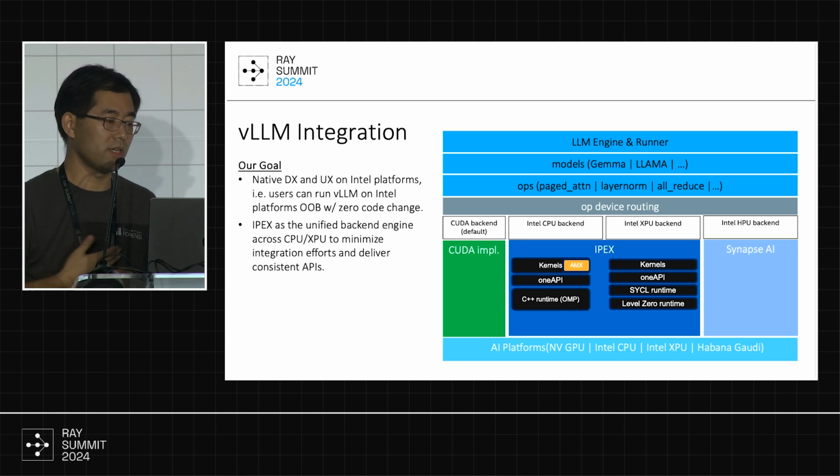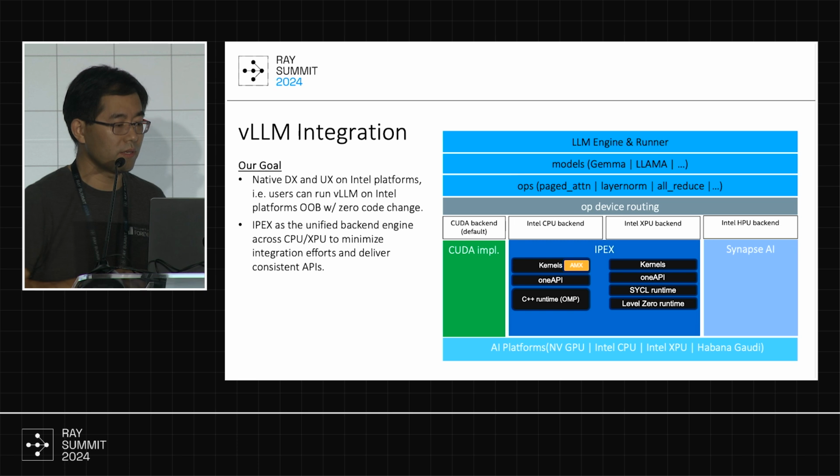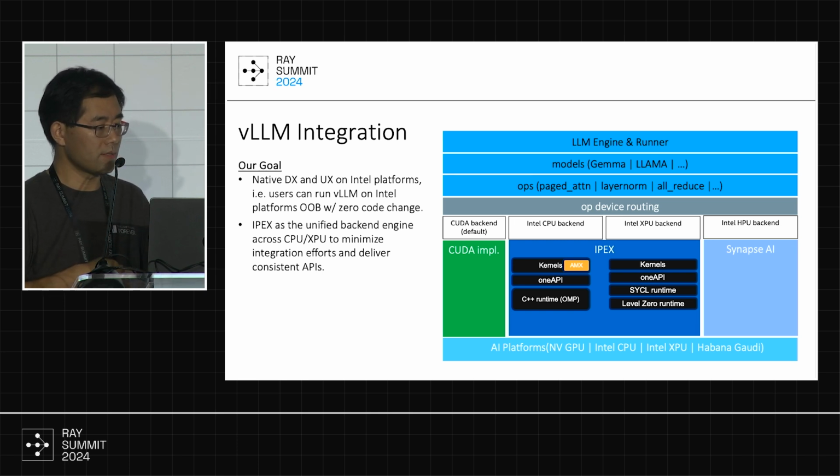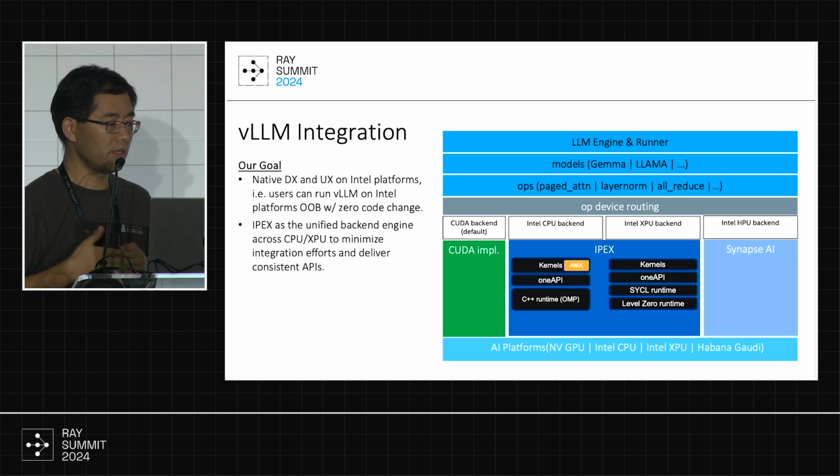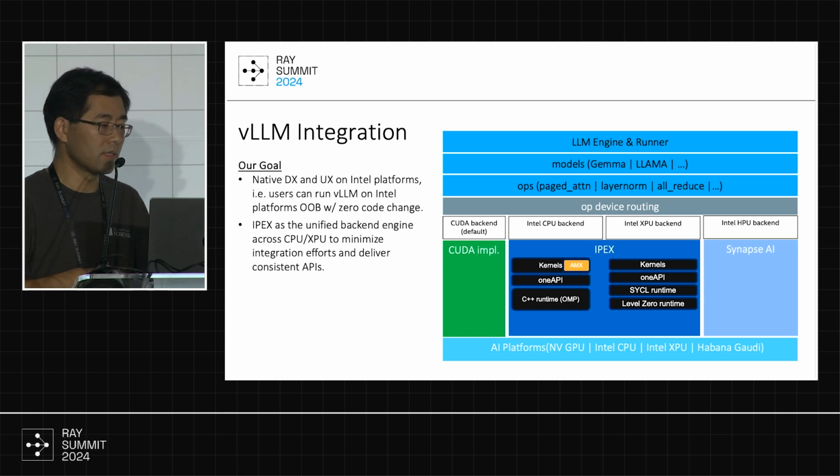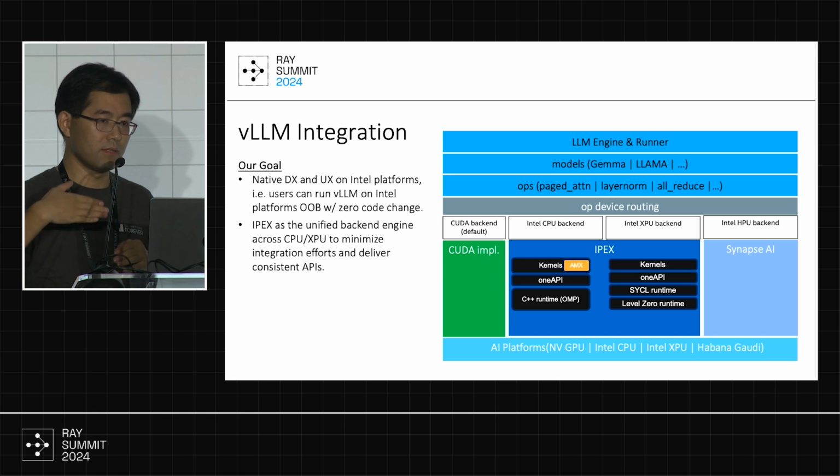You don't have to change any of your user code, so what I put here is zero code change. Then IPEX is the unified backend engine for both CPU and XPU, to minimize the integration effort and deliver consistent APIs.